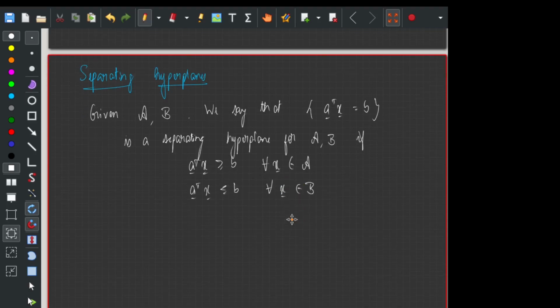Right? And we'll say that this hyperplane strictly separates A and B if these inequalities hold with strict inequality.